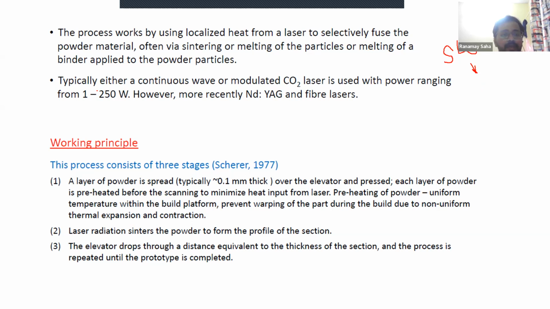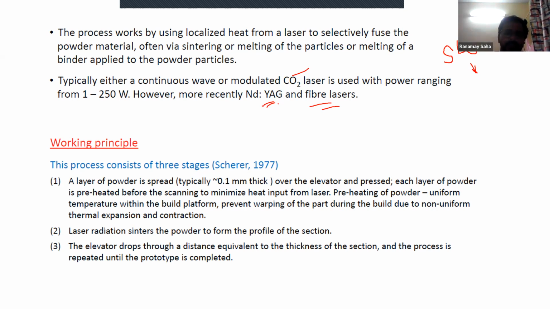Typically, either a continuous wave or a modulated CO2 laser is used with power ranging from 1 to 250 watts. However, currently Nd:YAG and fiber lasers are also being used. Now, if you don't know, fiber lasers are solid state lasers, CO2 lasers are gas lasers, and Nd:YAG is based on a crystal.